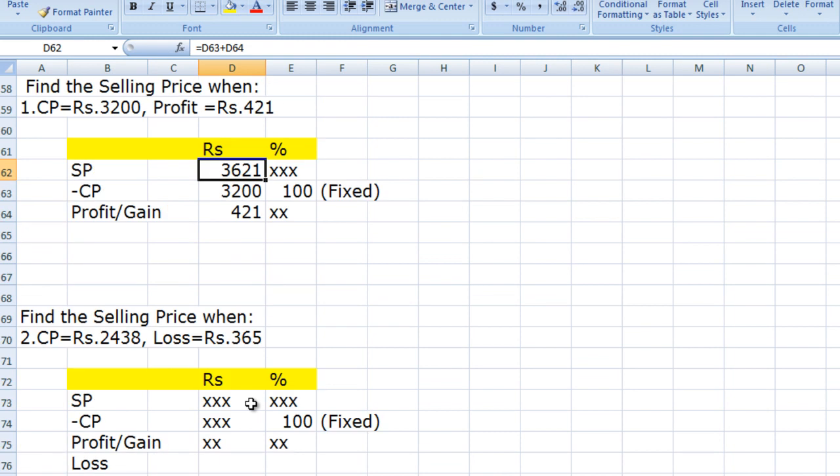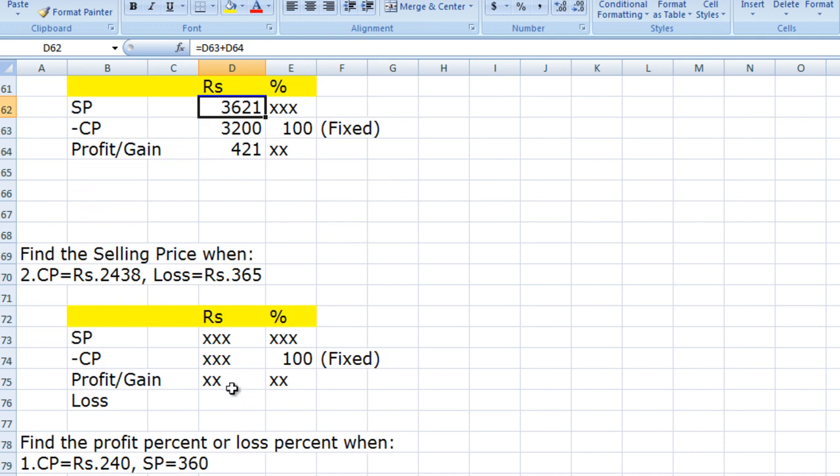The next given situation is find the selling price when CP is equal to 2,438 and loss is 365. So the cost price is 2,438 and loss is 365. If it is a loss of 365, then profit will be minus 365.